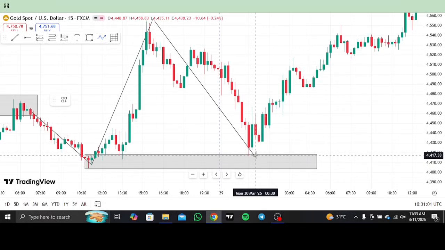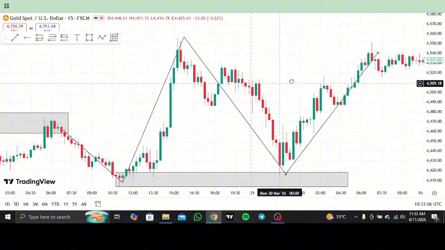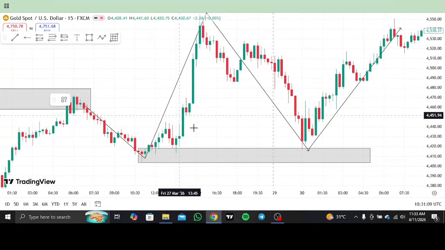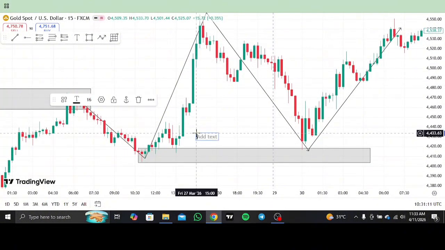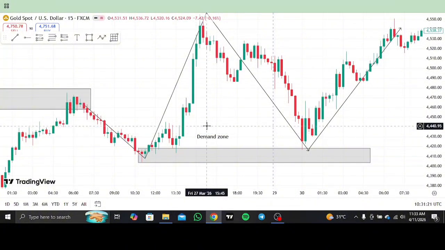Now this is to show you that this is a demand zone. Let me type it. That's this right here, a demand zone. Why?